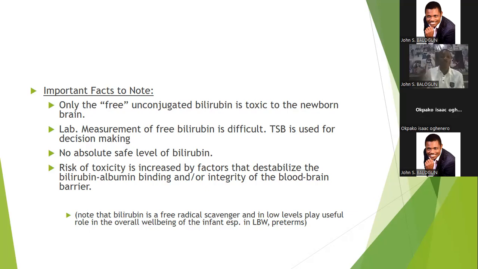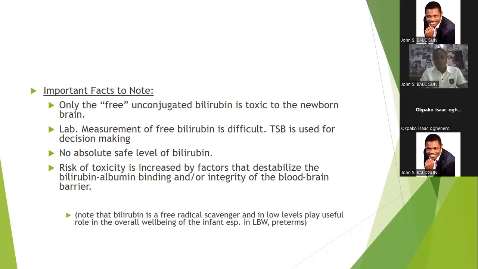And the one that is toxic to the brain is the one that is free in plasma, not the one that is bound to albumin. The bilirubin bound to albumin is not toxic to the brain because it will not enter into the brain.